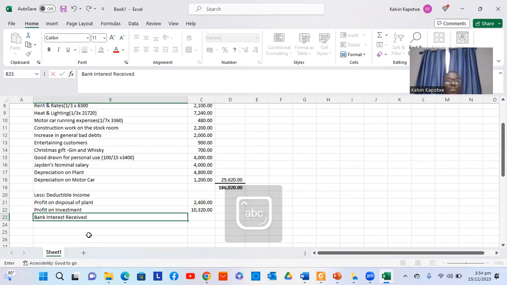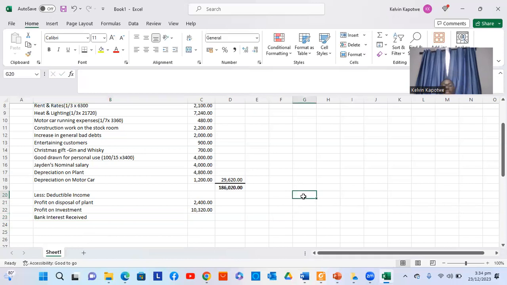In the question, you'll find that there's loan interest, all right? There's term loan interest there in the question. Now I need to clarify something here. Interest paid on short-term finance, for example overdrafts, is allowed for tax purposes, so it is an allowable expense.